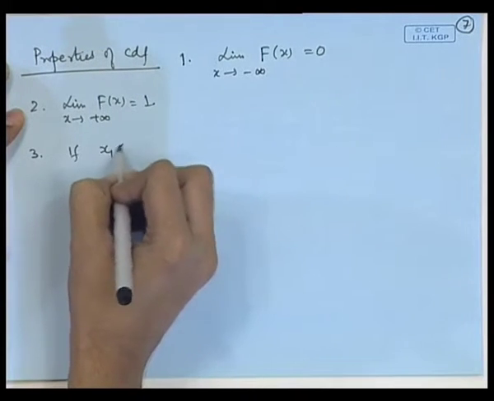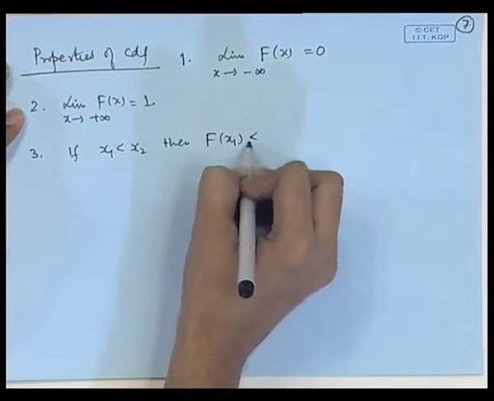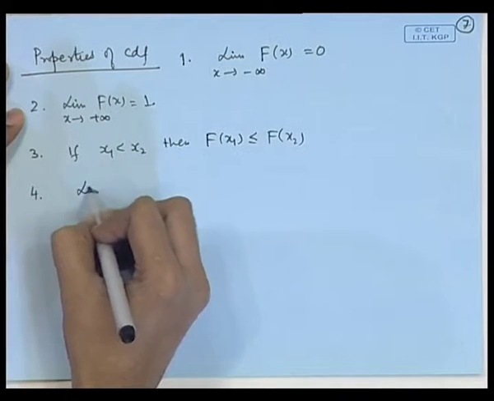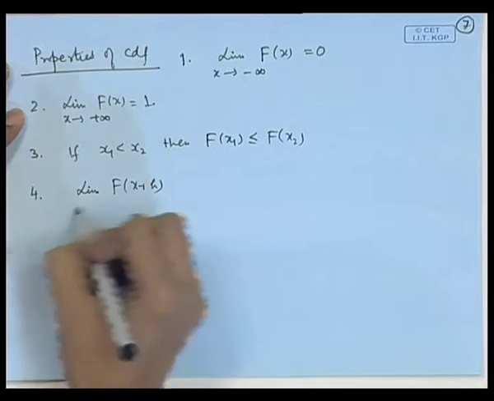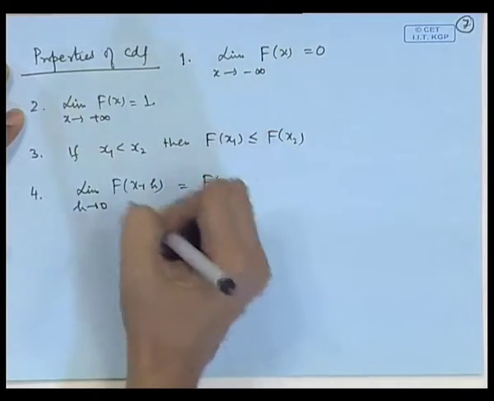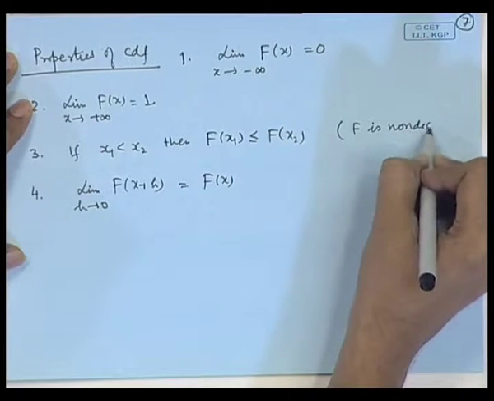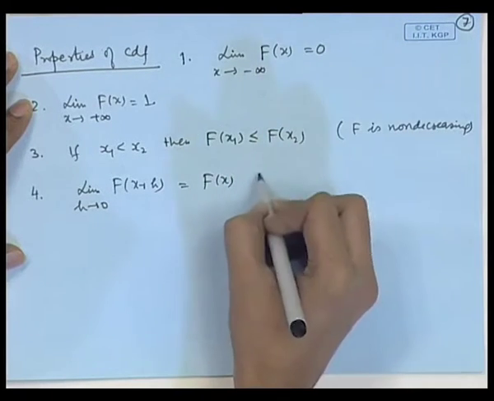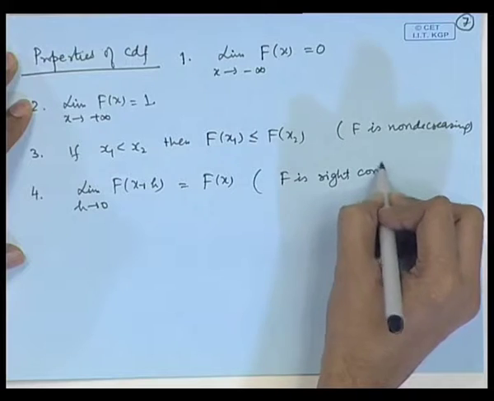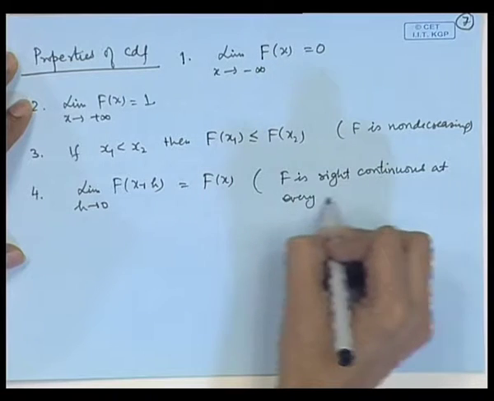If x1 is less than x2, then F(x1) is less than or equal to F(x2). If I consider limit of F(x+h) as h tends to 0, then it is equal to F(x). That means F is non decreasing, and right continuous at every point.